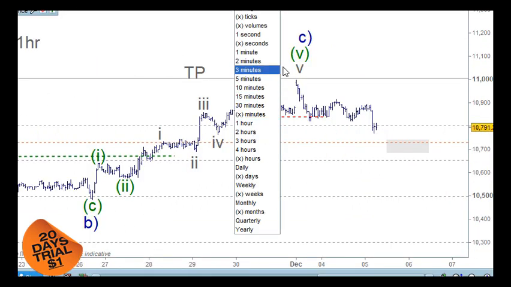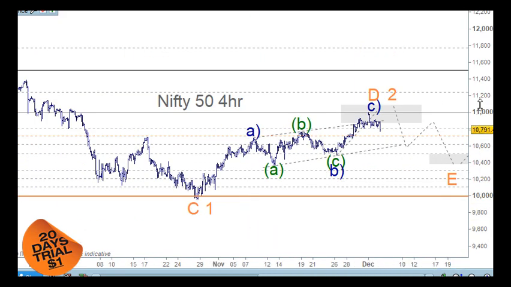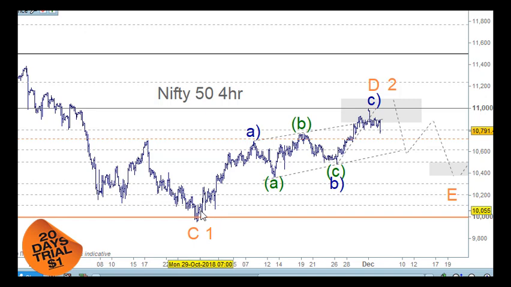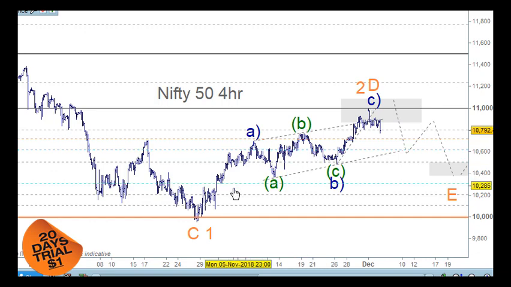The Nifty had this nice 5-wave structure to the upside, but that structure to the upside is an A, a B and a C wave, for wave D or wave 2, probably wave 2 at this stage, but we can get to that. But we know we've got a top in here. What I'm trying to say is this is all really clear.